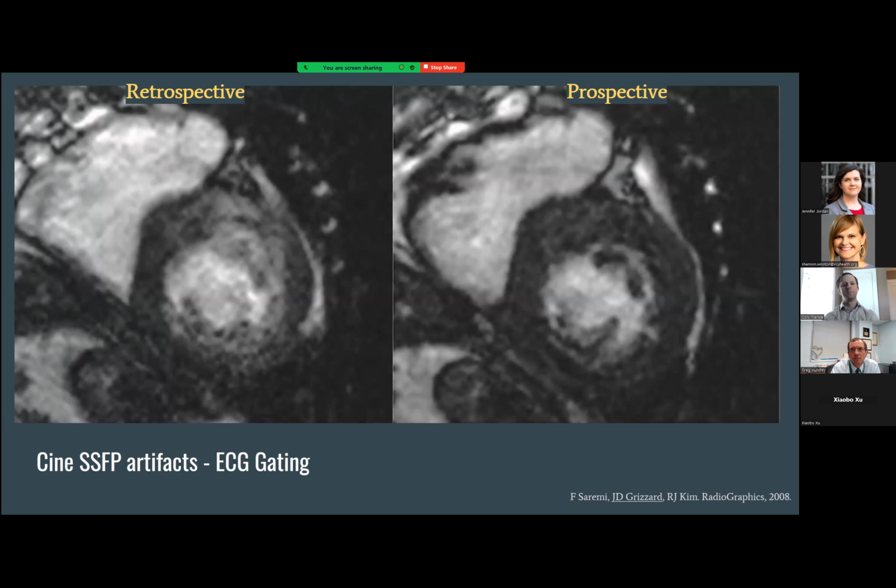What's happening for this patient is that they are in atrial fibrillation, and that an irregular heartbeat can be improved if we are prospectively gating instead of retrospectively gating here. So you can see, just being able to recognize the source of your artifact, you can switch from retro to prospective and then get rolling again for a diagnostic quality scan.